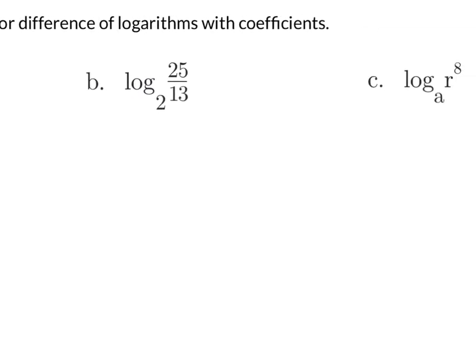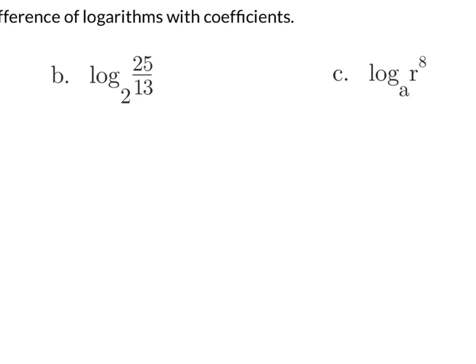For example B, we have log base 2 of 25 over 13. This is a division problem. Division turns into subtraction. So this is going to be log base 2 of 25 minus log base 2 of 13.